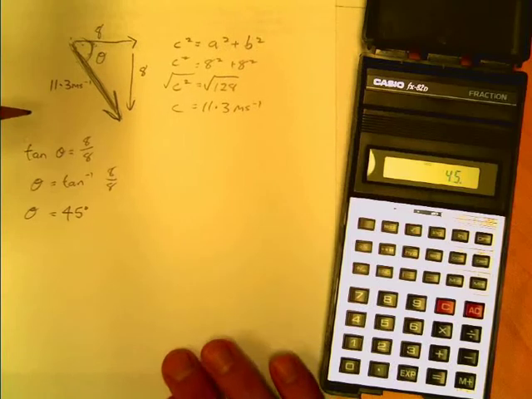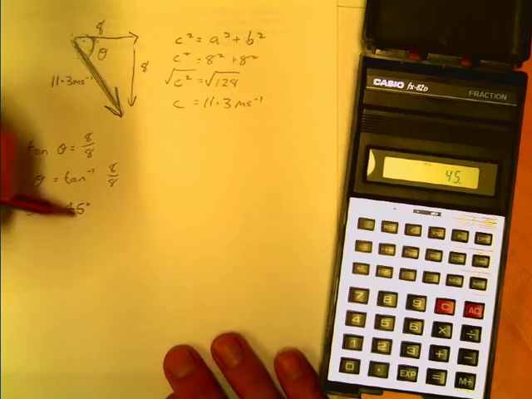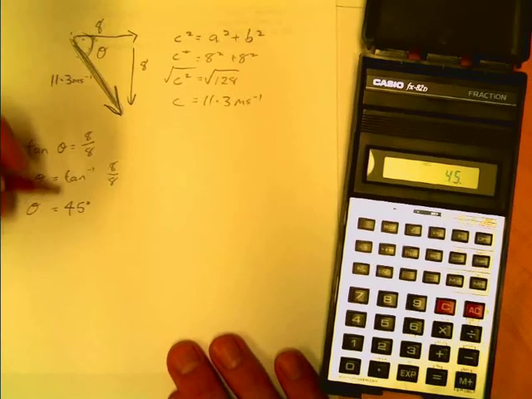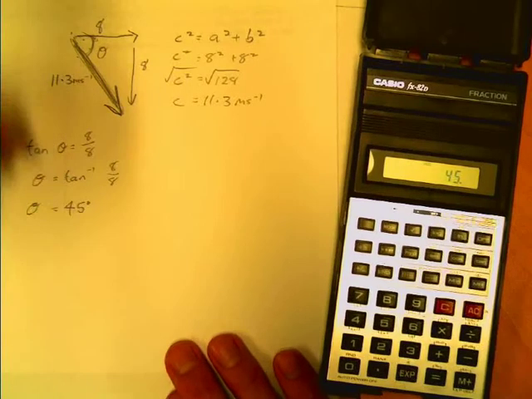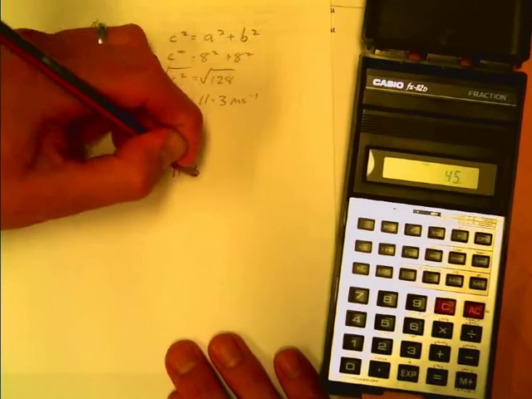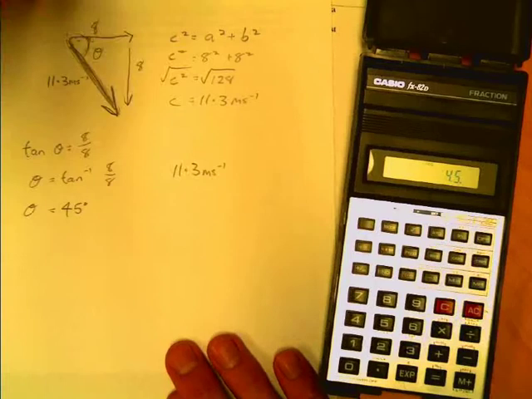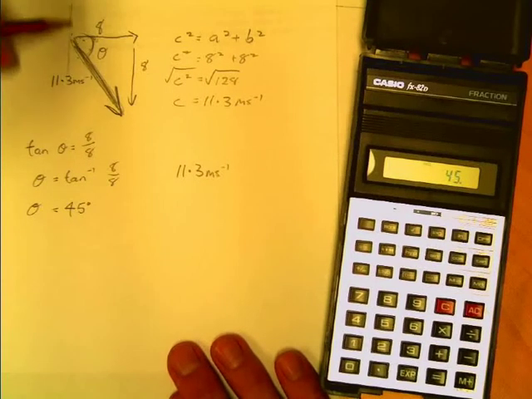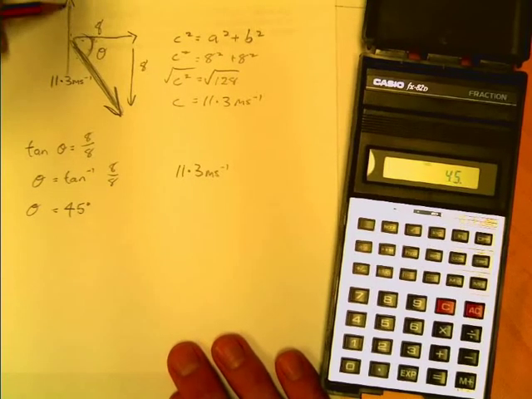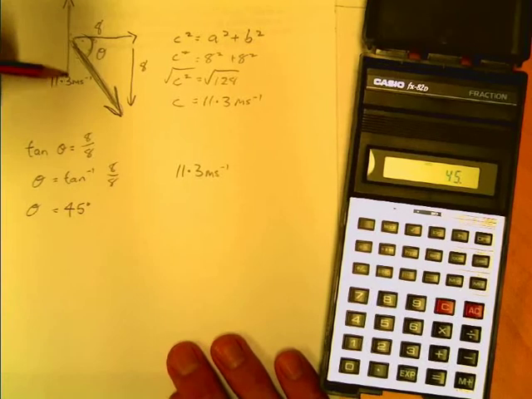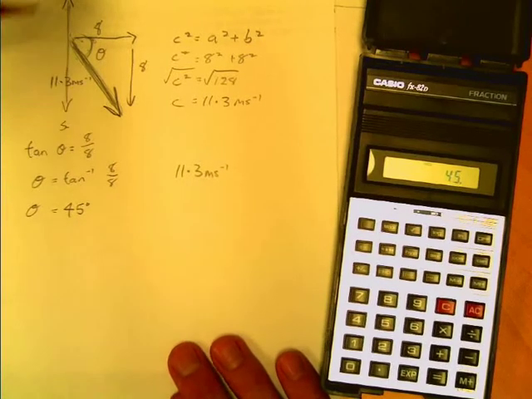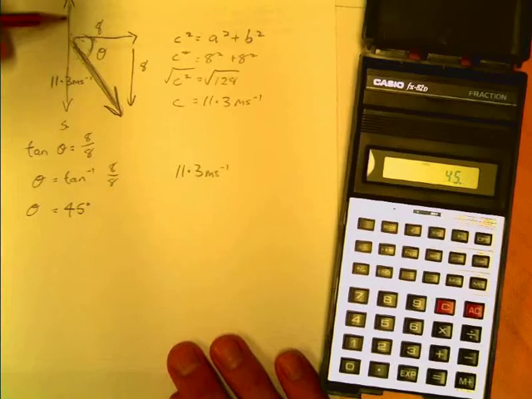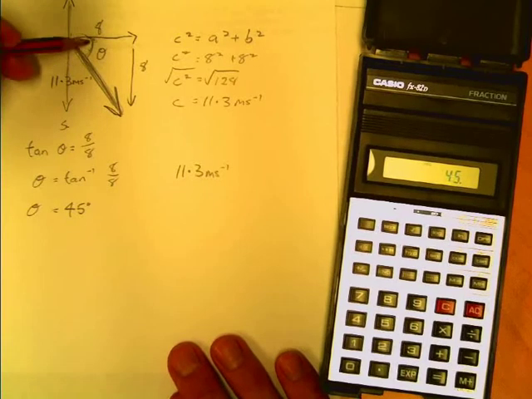So there's a couple of ways we can use this bearing. We can either say that the resultant velocity is 11.3 metres per second, and when we're giving our bearings, we're either going to use north or south, so it has to be off this vertical axis.